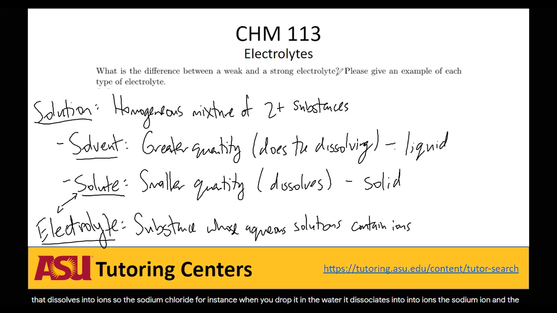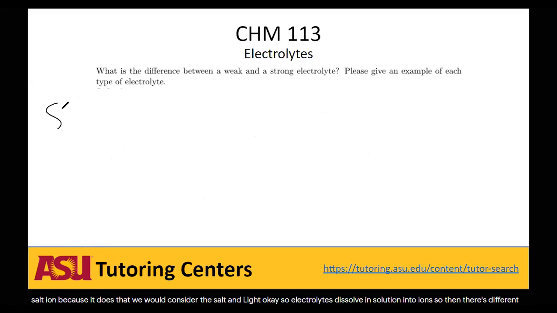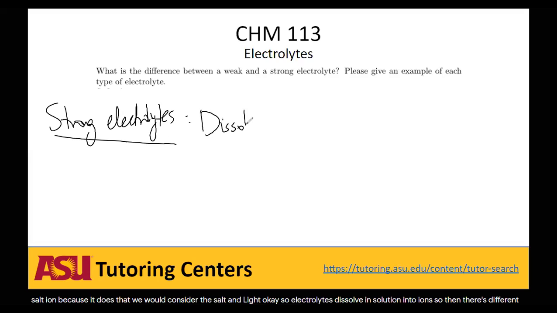Cool. So then there are different types of electrolytes. There are the strong electrolytes, and these dissolve completely. If you were to drop a strong electrolyte into a solution, it would dissolve entirely into ions. There wouldn't be any of the original solid left.